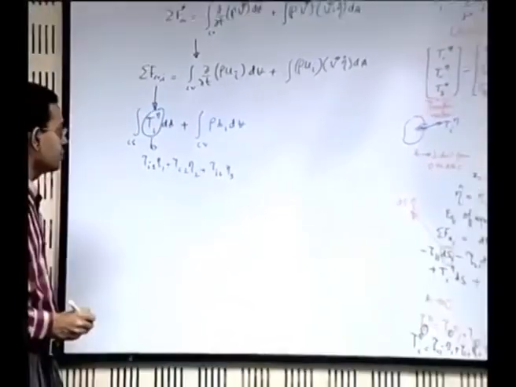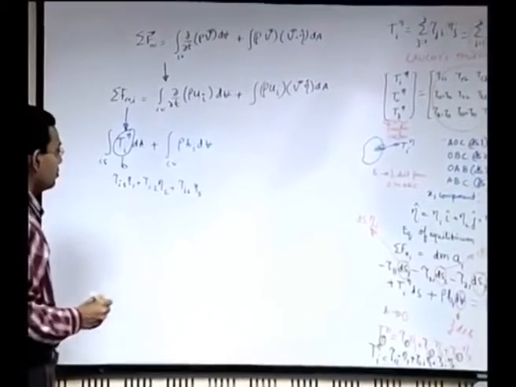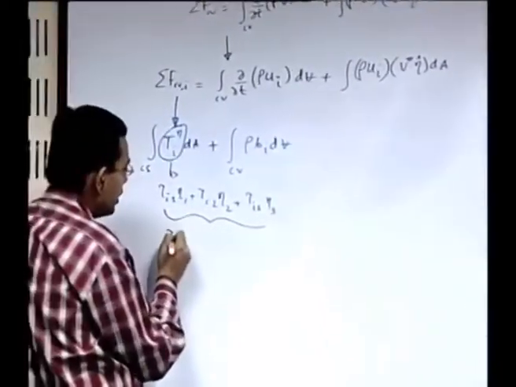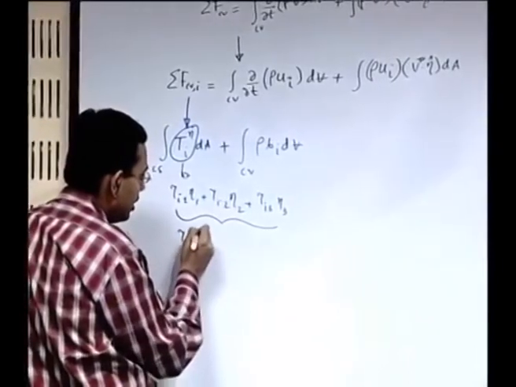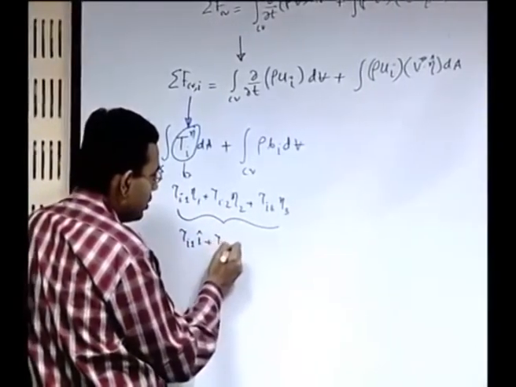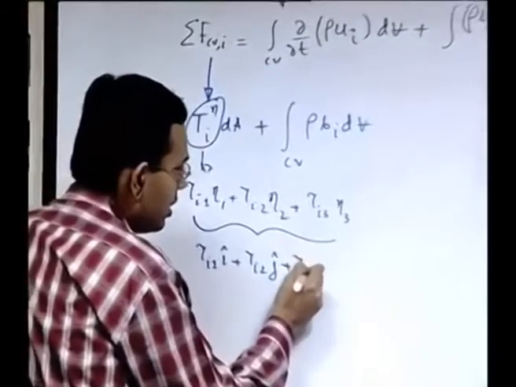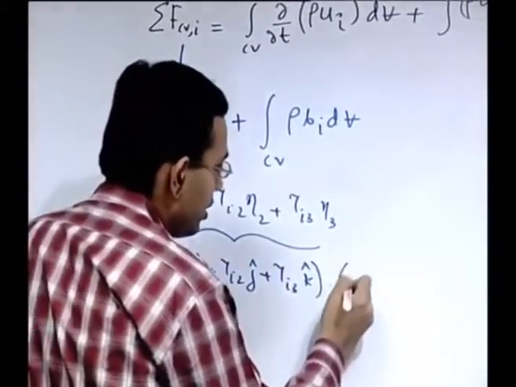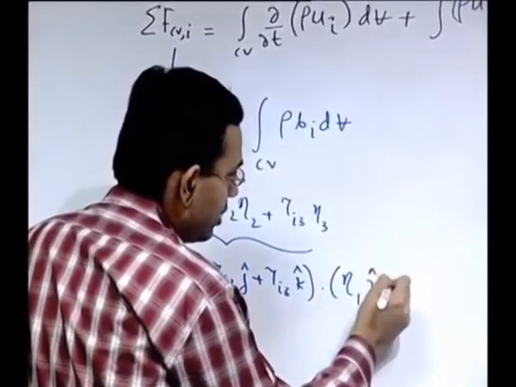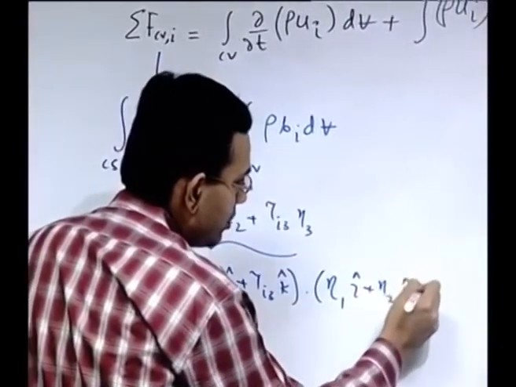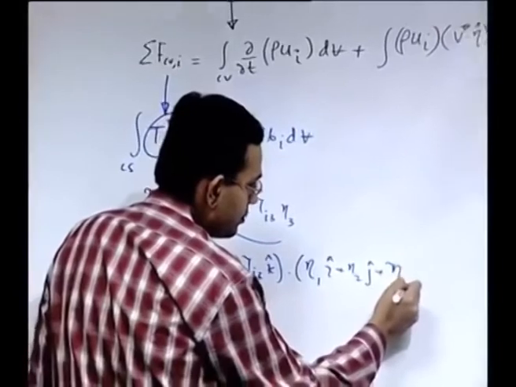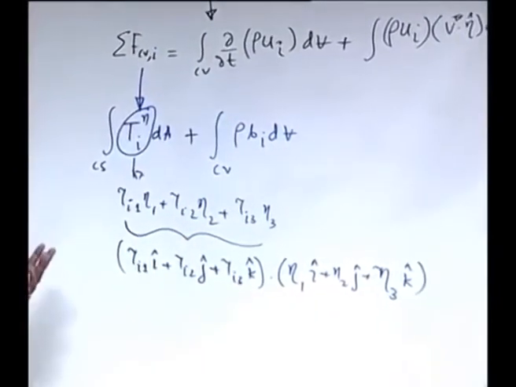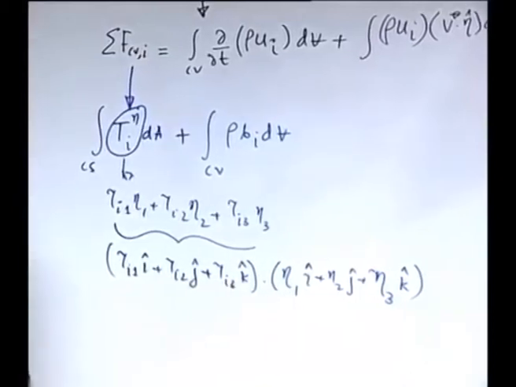So, we can write this in terms of a dot product of two vectors, tau i1 i plus tau i2 j plus tau i3 k, dot with eta 1 i plus eta 2 j plus eta 3 k. We can just make this by taking a dot product of these two.